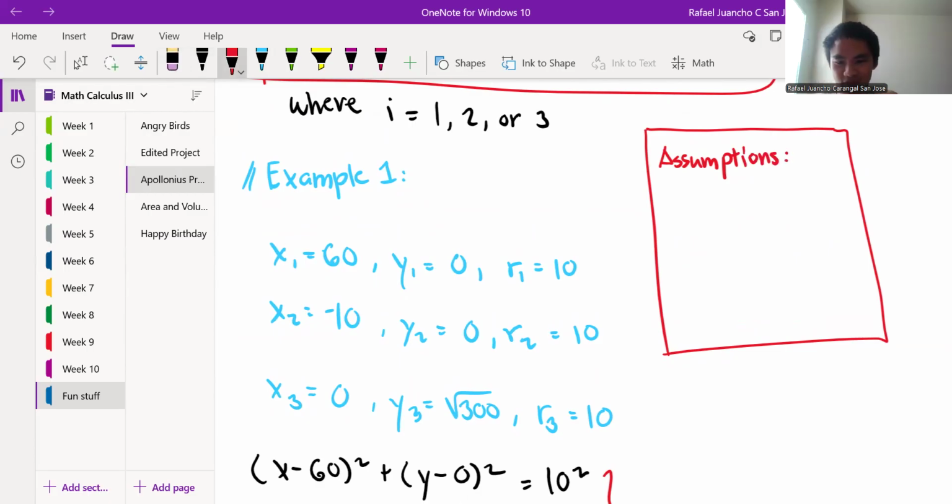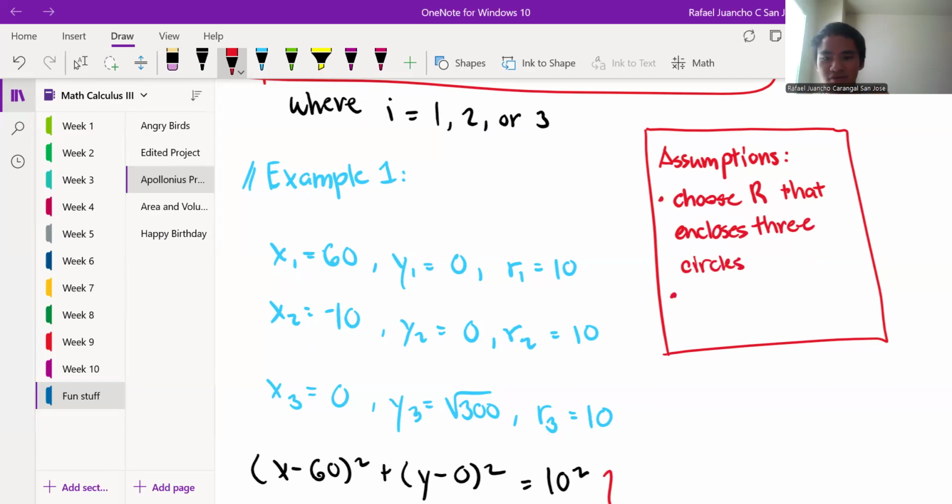My assumptions in this problem are, well, choose R that encloses three circles, right?